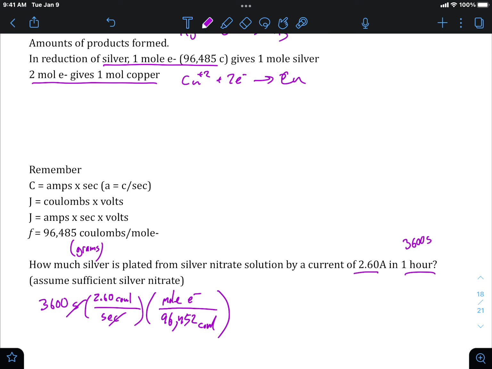Okay, and we're talking about silver. So 1 mole of electrons is sufficient for 1 mole of silver. And then a mole of Ag weighs 107.9 grams.